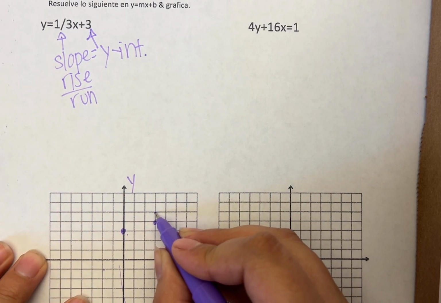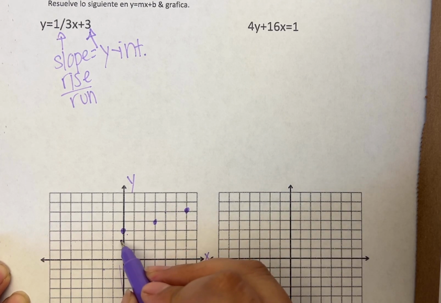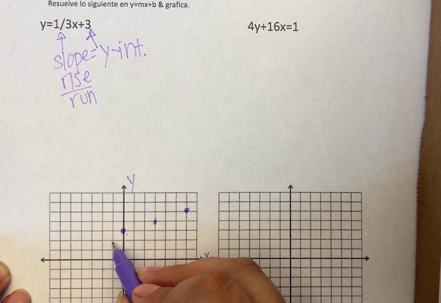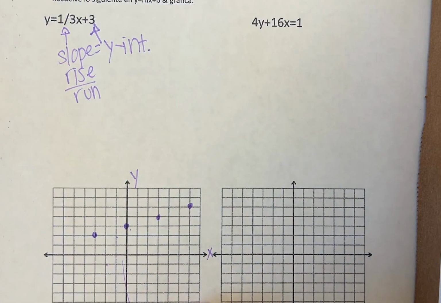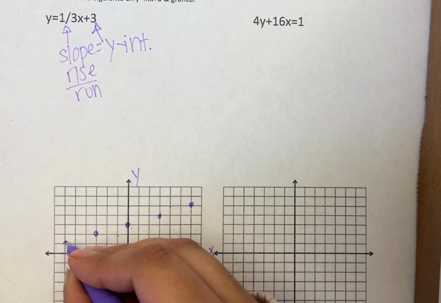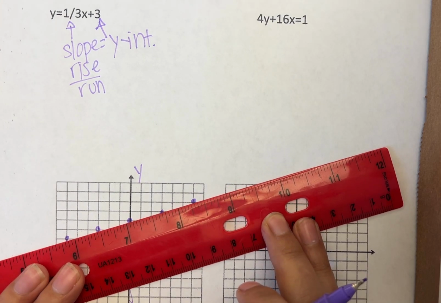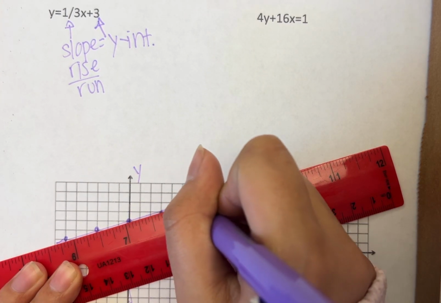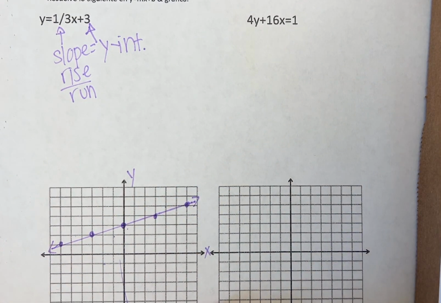Again, you're going to go up 1 and go over 1, 2, 3. Okay, the opposite would be going down 1 and going 1, 2, 3 to the left. Eso sería lo opuesto. Then you can grab your ruler and you guys are just going to simply draw your line.